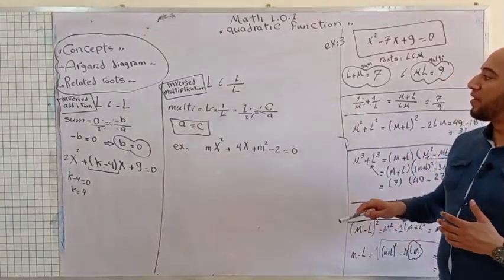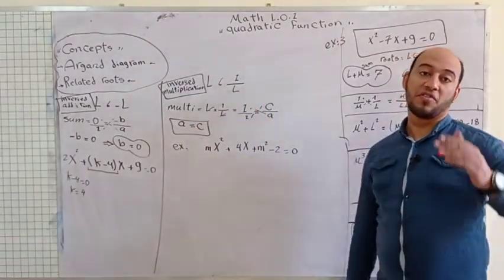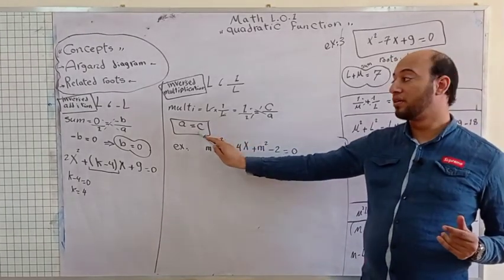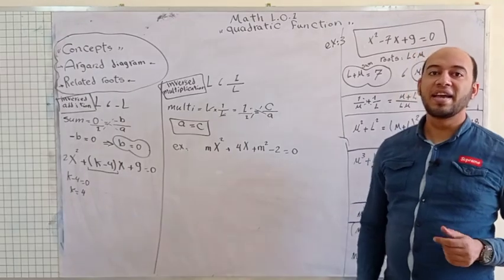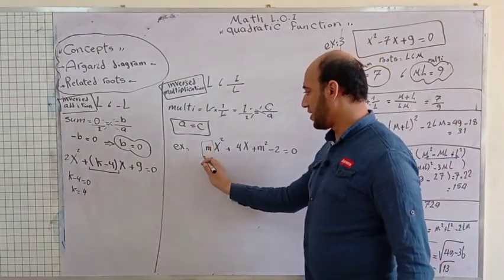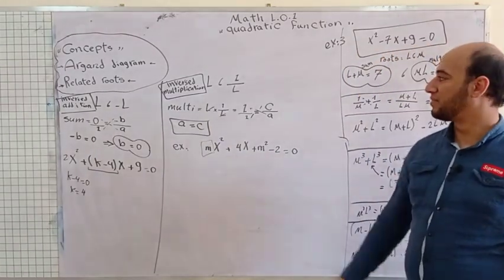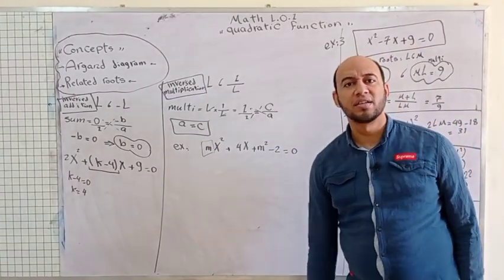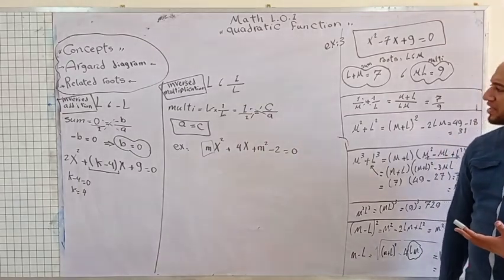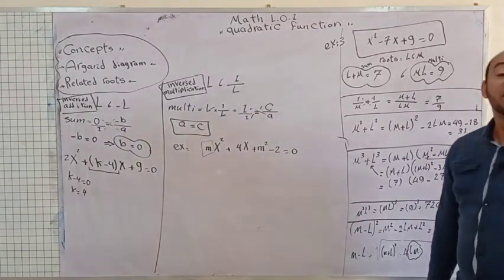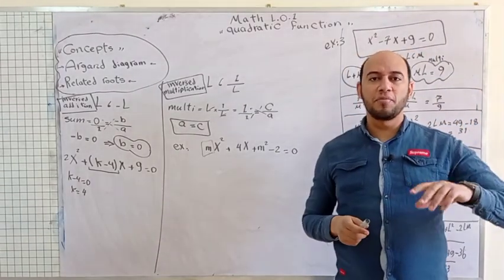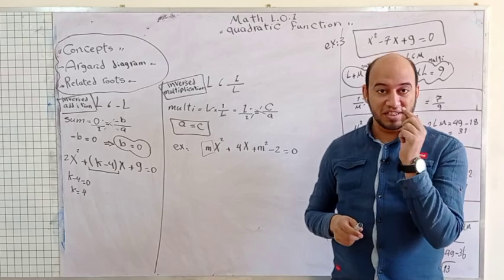Now, because the two roots are multiplicative inverses of each other, a must be equal to c. What is a? A is the coefficient of x squared, which equals m. What is c? C is the constant of this equation. Where is the constant here? The constant doesn't necessarily have to be one number or one term.